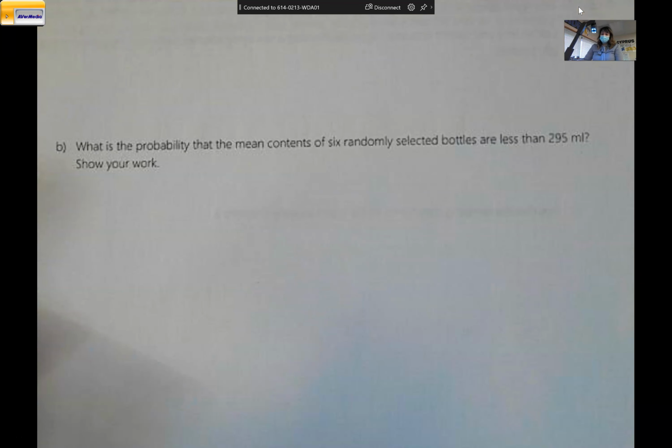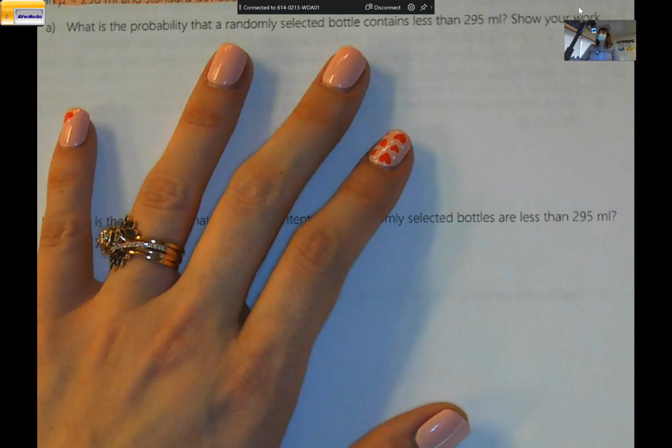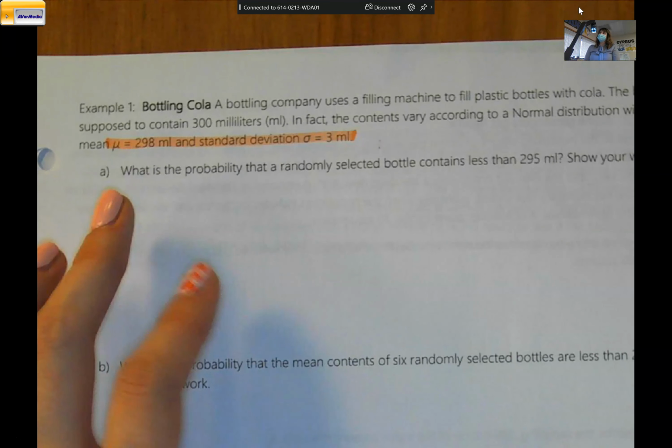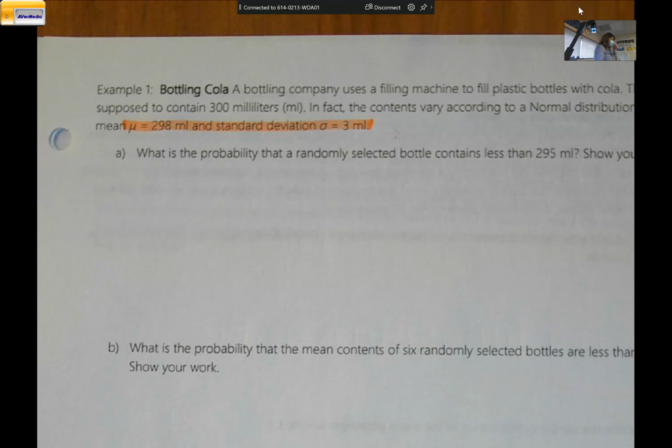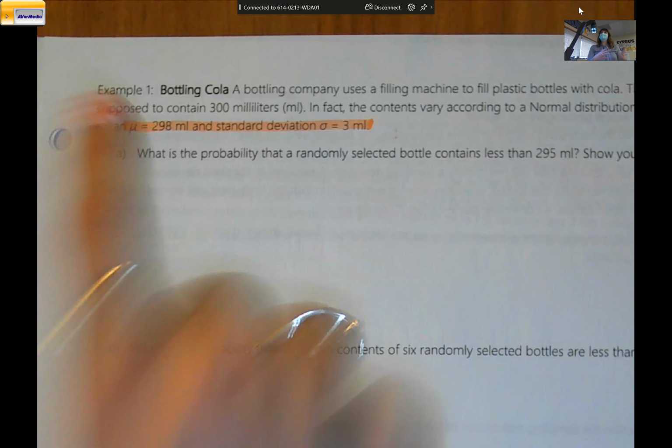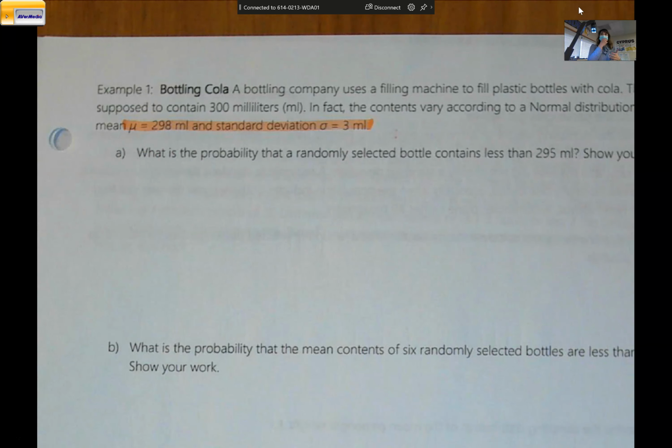So they're supposed to contain 300, and I'm assuming that what is happening with the machine is they're setting the values of the machine that actually fills these bottles at 298 to give themselves a little bit of room for error. Does that make a little bit of sense? Okay.